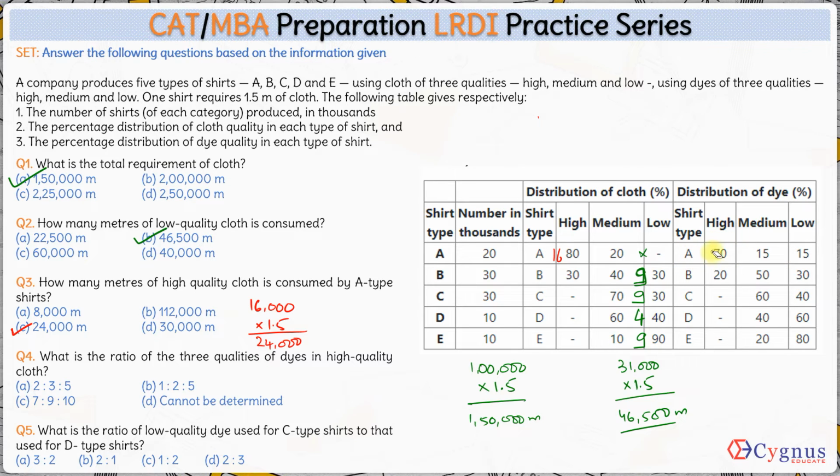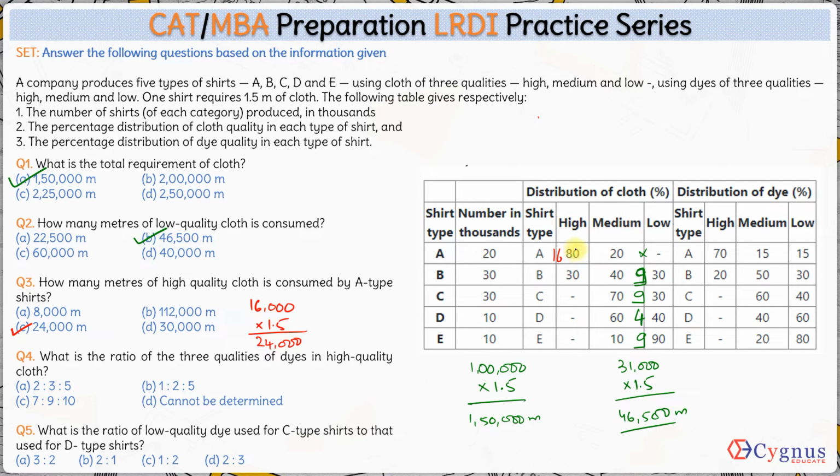But we cannot be sure that the distribution of dye is same for both the high and the medium quality type A shirts. It could be possible that the distribution of high, medium and low dye is different in both these types of shirts, and this is only the overall distribution for the three qualities of dyes.